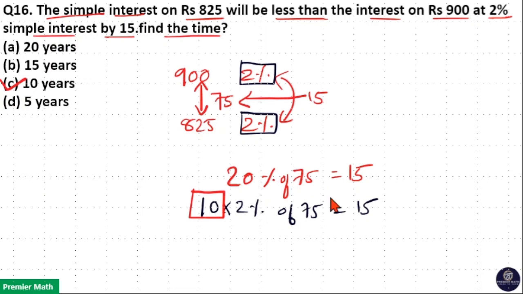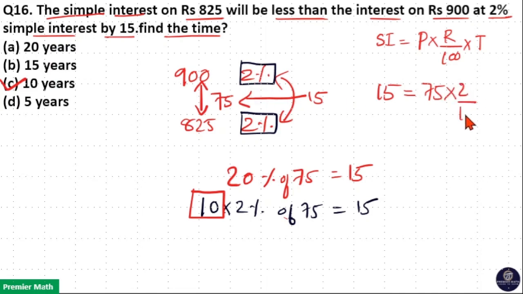If you have difficulties in finding the number of years, you can write this in a formula. Simple interest is equal to principal amount into rate into number of years, that is time period. Here interest is 15 rupees, and this 15 rupees is received from this 75 rupees principal with the 2% interest rate for T years.